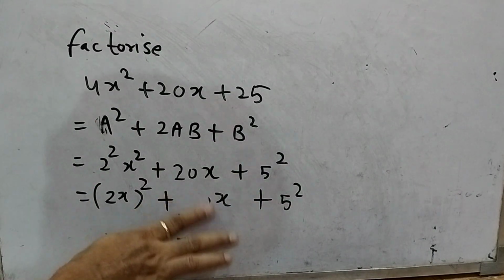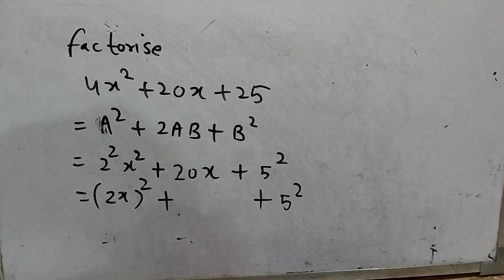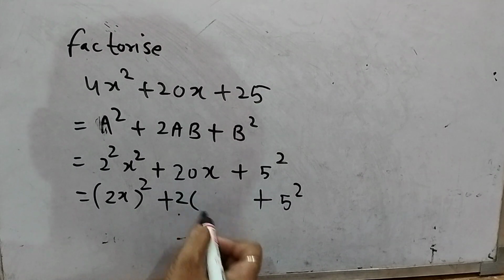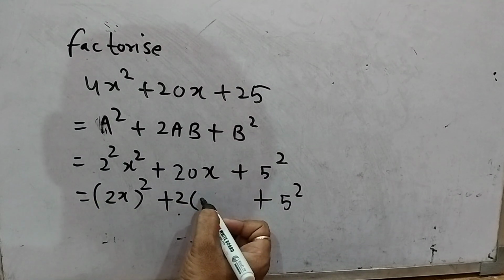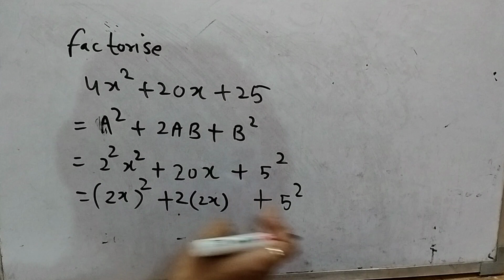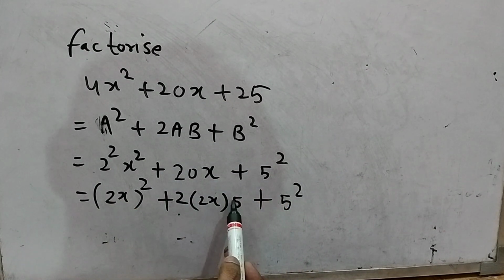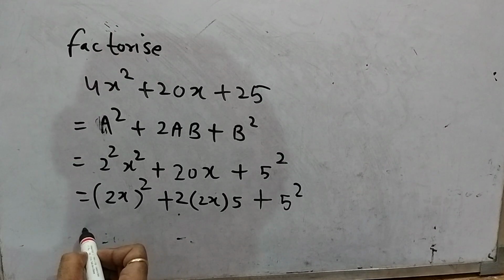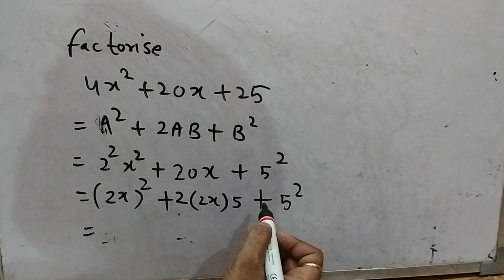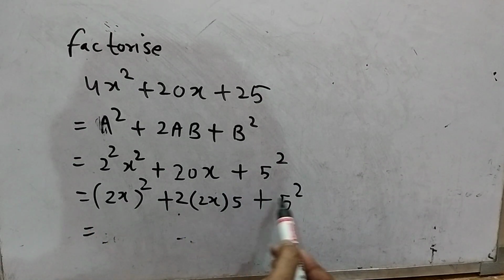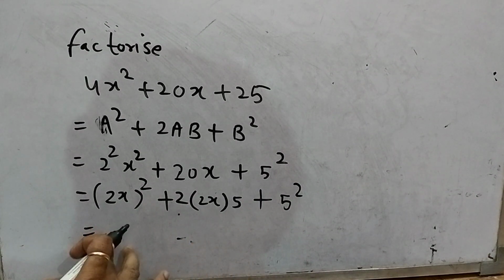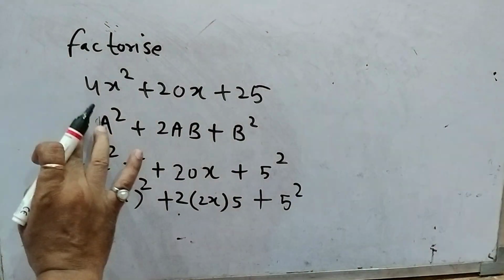Now we can make this as 2ab. How? We have 2, we have a like 2x, and we have b as 5. Multiply 2 times 5 is 10, 10 times 2x is 20x. So now we have a square plus 2ab plus b square. We can use the identity. What is the identity here?